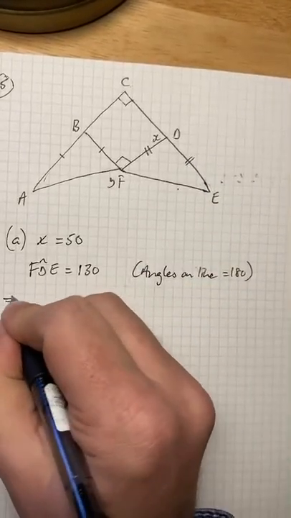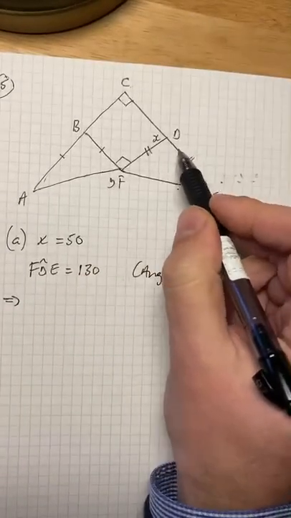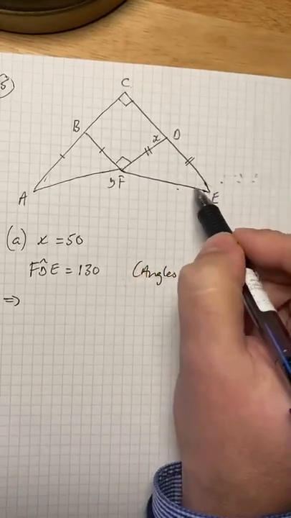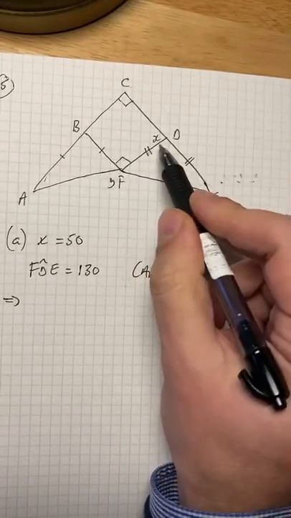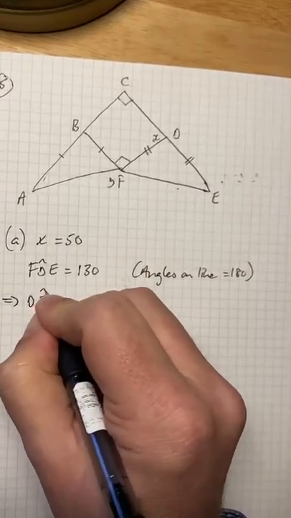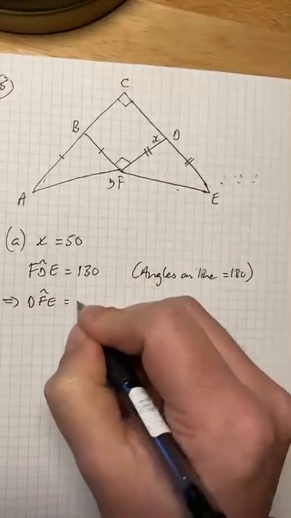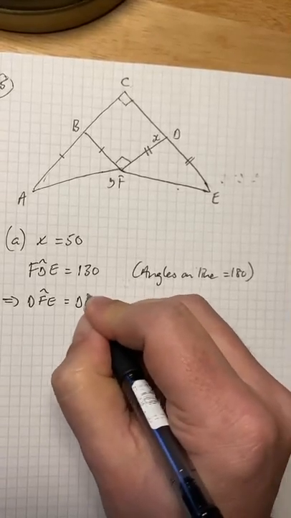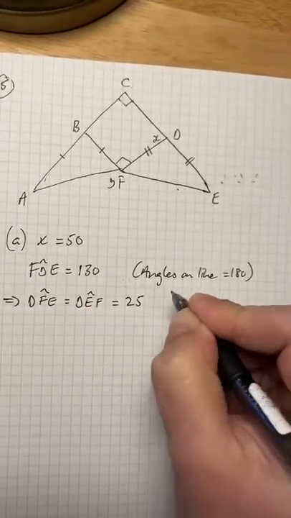Which means, because this is an isosceles, if that's 130, these two add up to 50. It's the remainder. Which means DFE and DEF are 25.